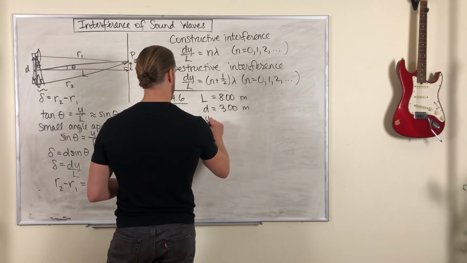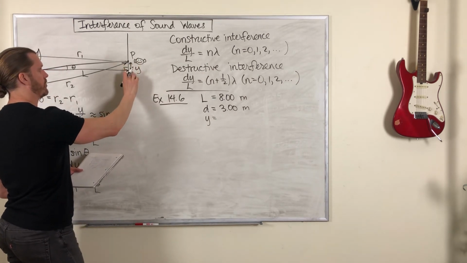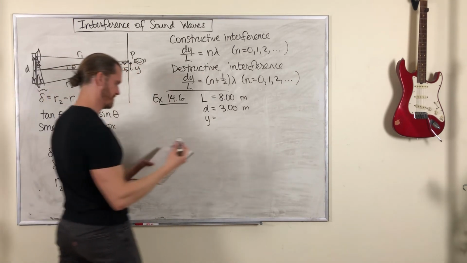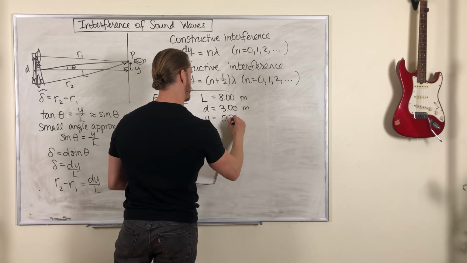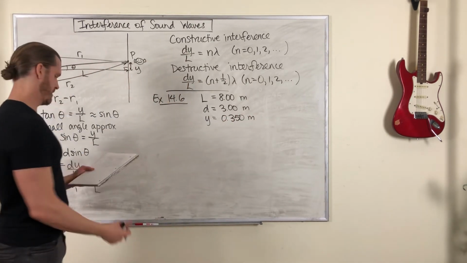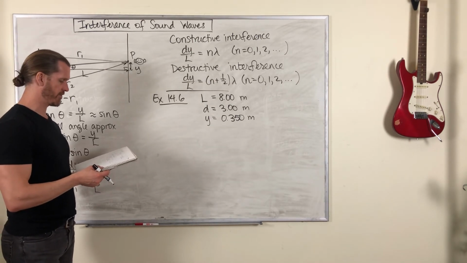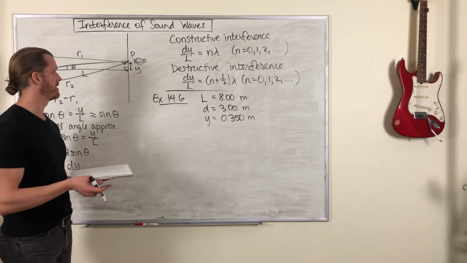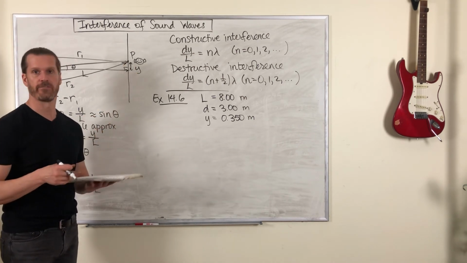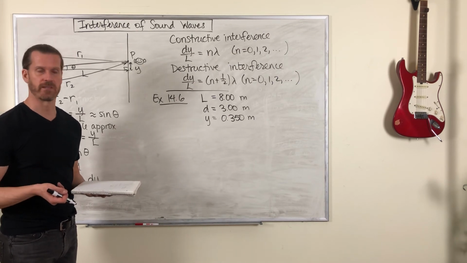The distance from the observer to the center point is 0.35 meters. And they ask, where do you find the first location of destructive interference? What's the first minimum in the sound level?